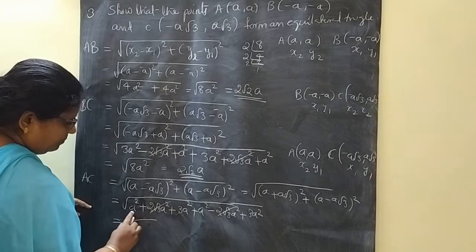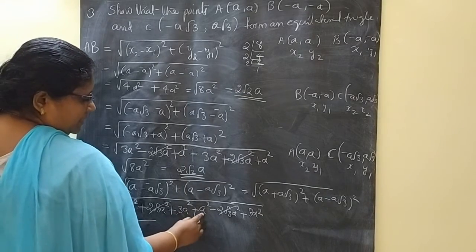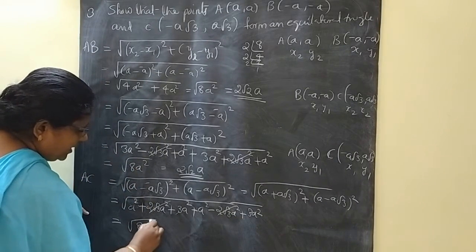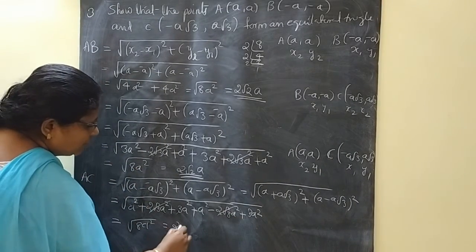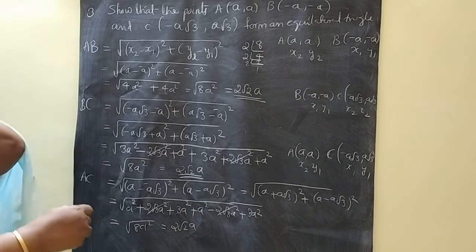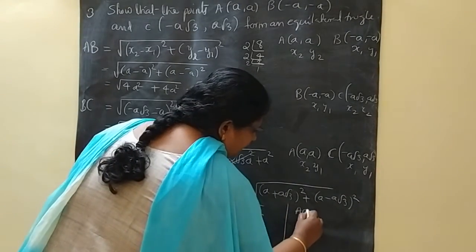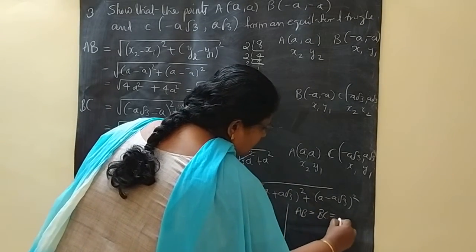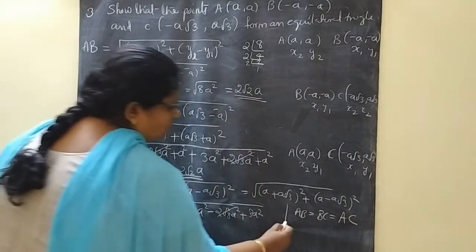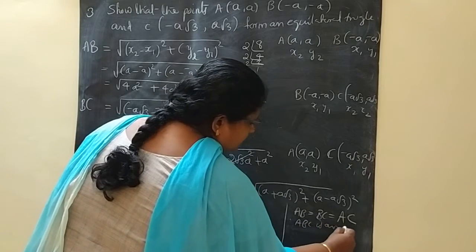We are getting A square plus 3A square, 4A square, plus A square, 5A square, plus 3A square, 8A square, which is equal to 2 root 2 A. So what we got? AB is equal to BC is equal to AC. All the three sides are equal. Therefore, we can tell ABC is an equilateral triangle.